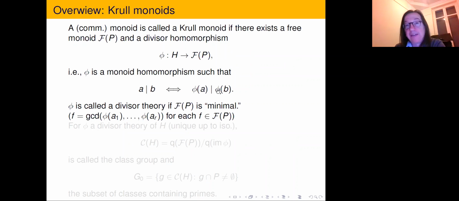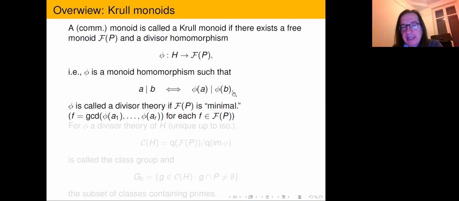The formal definition is given here. So one has a monoid and one has a map called a divisor homomorphism into a free monoid where one has unique factorization. And what's a divisor homomorphism? It's a monoid homomorphism which has this property: A divides B in this monoid H if and only if phi(A) divides phi(B).